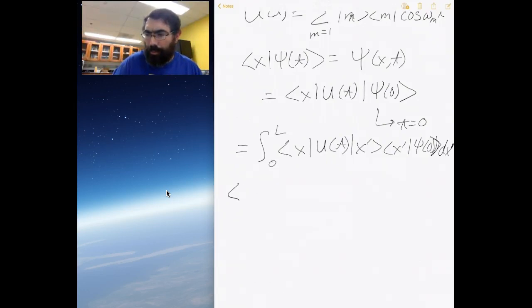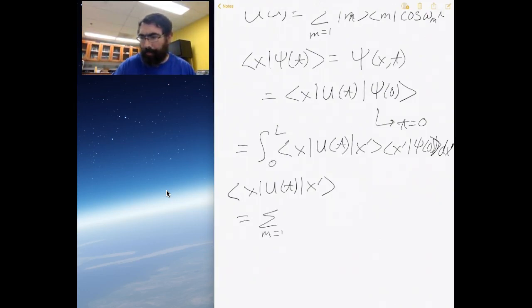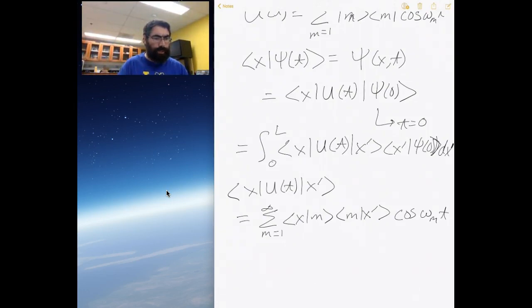Now, the propagator operating on the position basis is the sum m equals 1 to infinity of x projected onto m, projected onto x prime, times cosine omega t. And we can write this out in its full glory, because now we can write out those products of x and m.